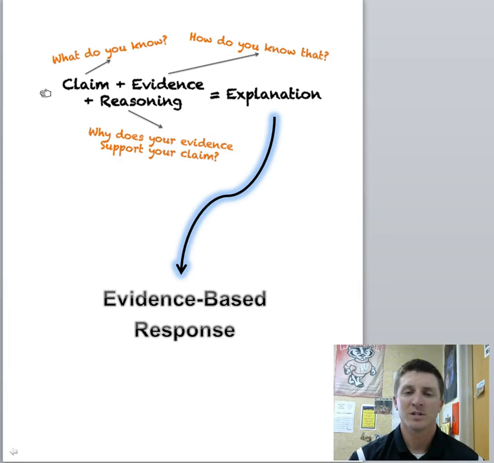Well, that's the reasoning. Those 3 things combined, again, make up an explanation. We call that explanation, or at least I call that explanation in science, an evidence-based response. And that is the ultimate goal of your scientific writing and conclusion writing when we get going with labs in our class.